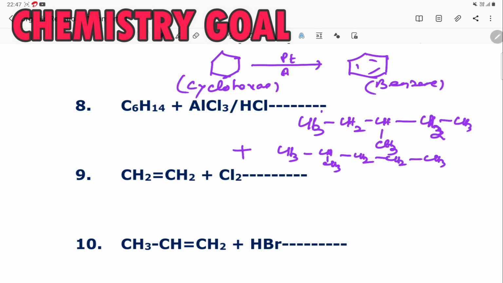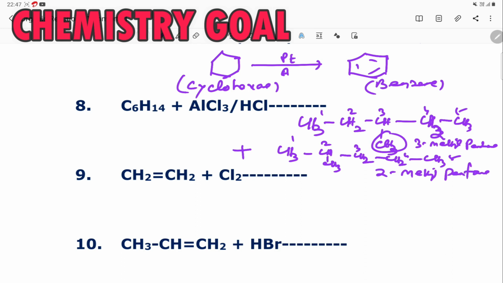Here, numbering 1, 2, 3, 4, 5, that is 3-methylpentane is formed. Here it is 1, 2, 3, 4, 5, that is 2-methylpentane is formed. So these are the isomeric products of hexane when it reacts with aluminum chloride and HCl, undergoing isomerization, having the same carbon atoms but a different structure.